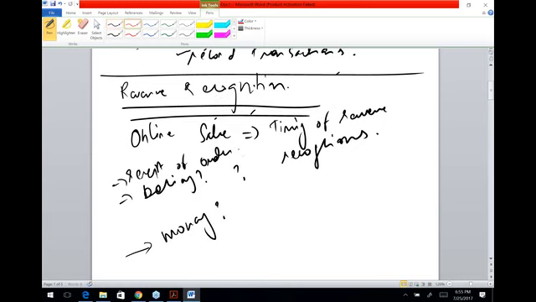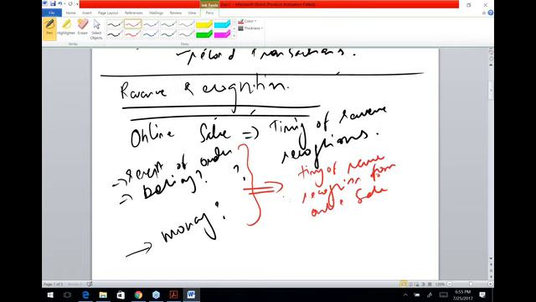It's very, very difficult. So at times you have to ascertain that the timing of revenue recognition is correct. So when dealing with online sales in this specific scenario, what could go wrong is basically the timing of revenue recognition from online sales. That's one of the issues.